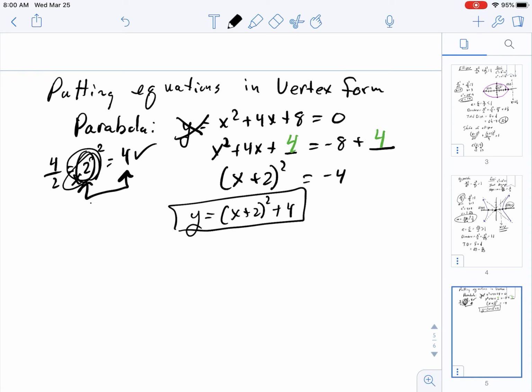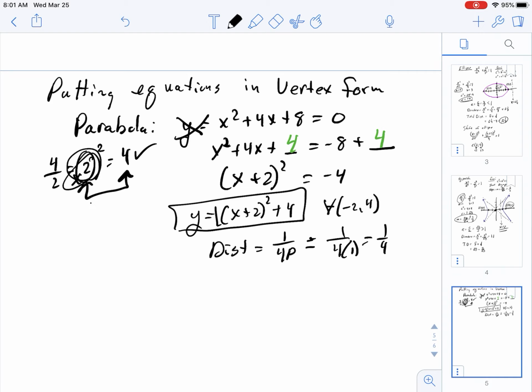And then you've got your shifts. So you have your vertex shift of negative 2, 4. If I wanted to find my directrix, I use my distance of 1 over 4p. My scalar in this case is 1. So 1 over 4 times 1, so you have 1/4. And then I can go ahead and find my focus, directrix, and ICAs, and all that. Okay.